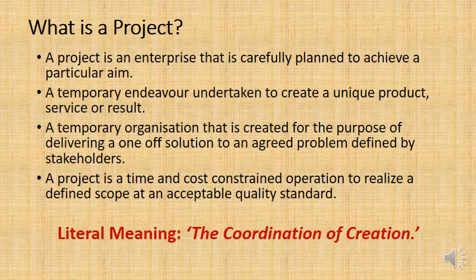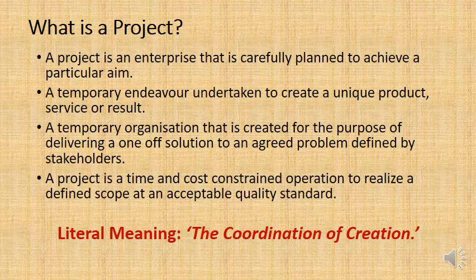So a project is time and cost constrained in its operation, and it's used to realize a defined scope at an acceptable quality. So with that definition, you have three terms there: time, cost, and quality, and these all have to be balanced out to the correct balance that keeps all of the stakeholders happy. And that's a very difficult thing to do.